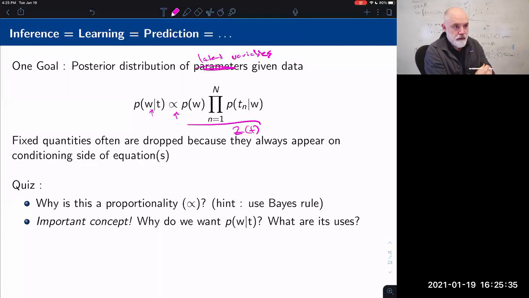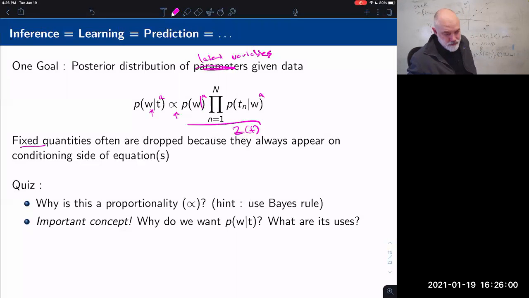Notationally, just so you get used to it and so you don't get tripped up when I start writing crazy stuff on the board like I did the other day, usually we'll just drop fixed quantities because they appear on the conditioning side of all the equations. If you put an A here, given A here, and an A here, it doesn't matter. Everything still holds.